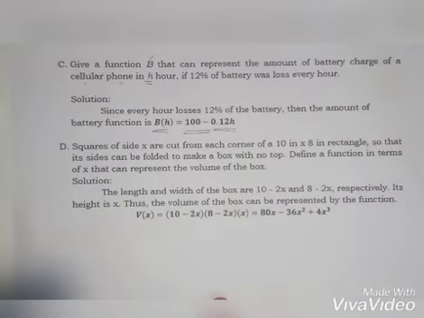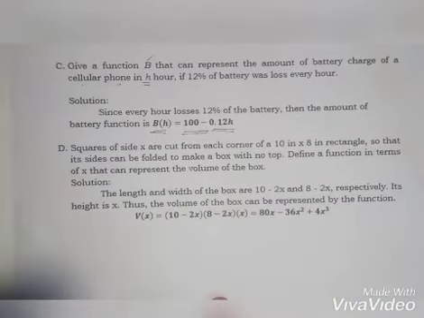Last, we have letter D. Squares of side x are cut from each corner of a 10 inches by 8 inches rectangle so that its sides can be folded to make a box with no top. Define a function in terms of x so that it can represent the volume of a box.